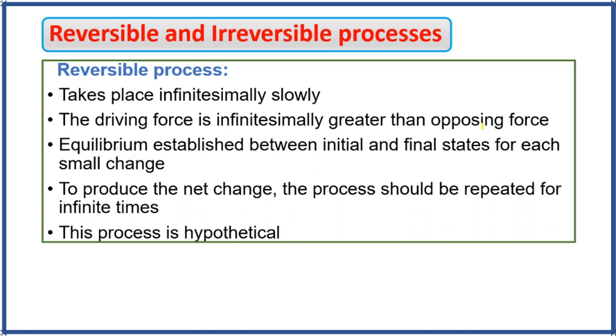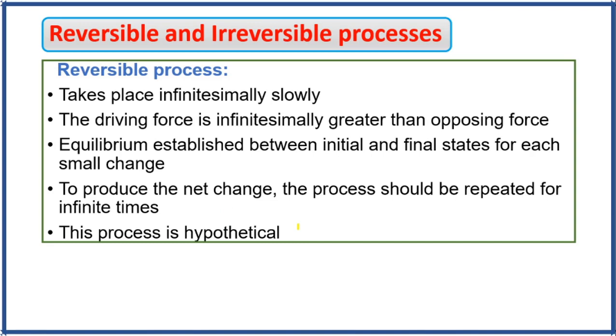In a very small amount the driving force is greater than the opposing force. So to produce a big net change, this process should be repeated an infinite number of times. So this process is called the reversible process, and this is a hypothetical concept.